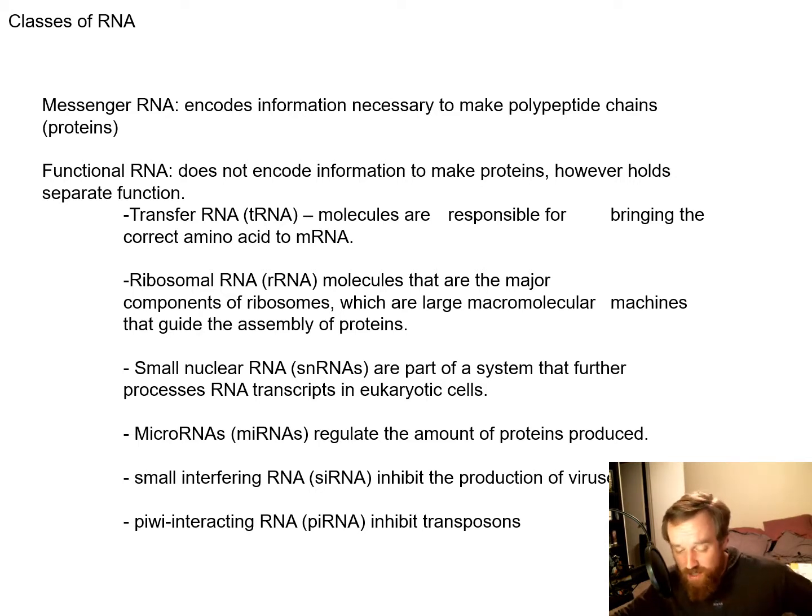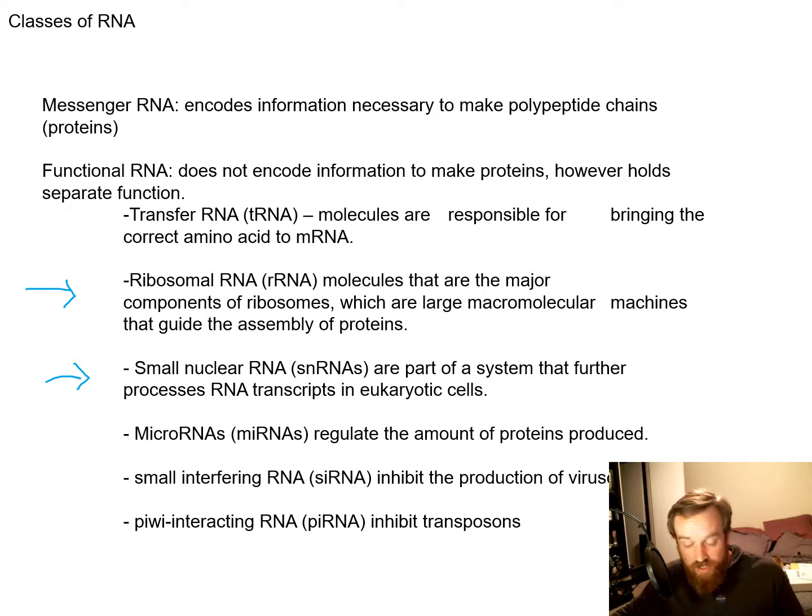A second type is ribosomal RNA, rRNA, which are the major components of ribosomes, which are the large macromolecules that are there to guide the assembly of proteins. We have small nuclear RNAs, or snRNAs, which process RNA transcripts in eukaryotes.